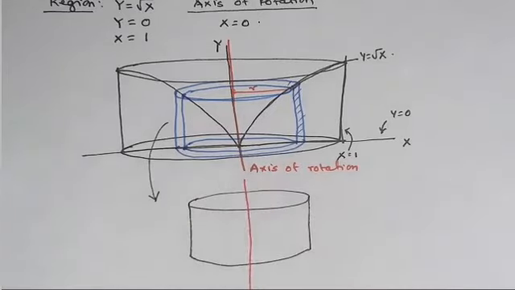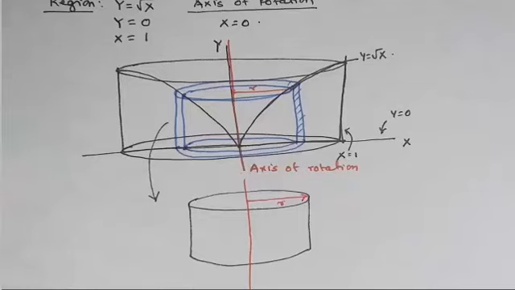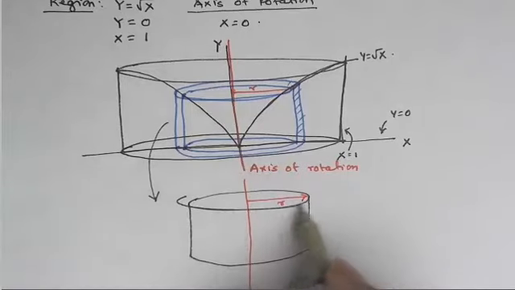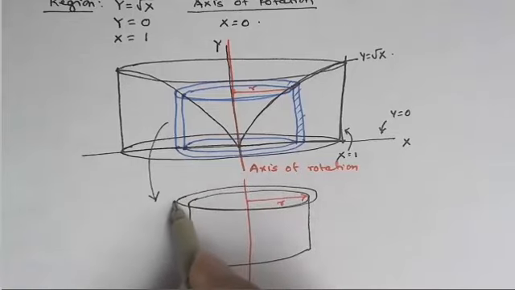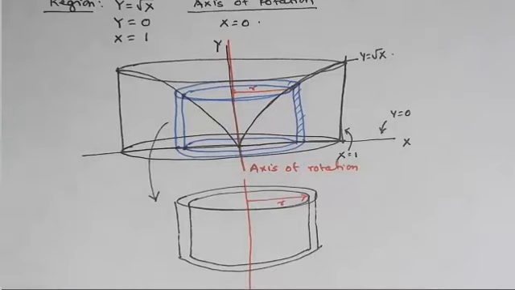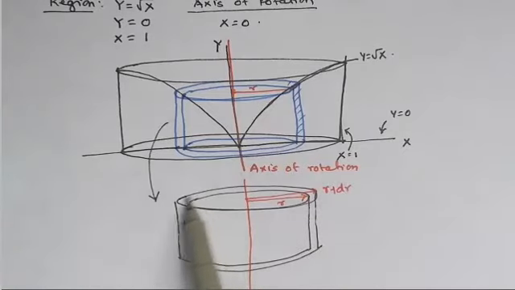That's the axis of rotation. That is r. Here's the outer cylinder. And its radius is r plus dr. And we're interested in the volume between those two cylinders.